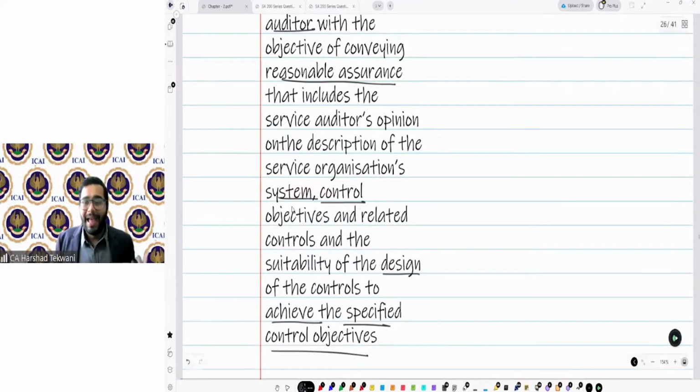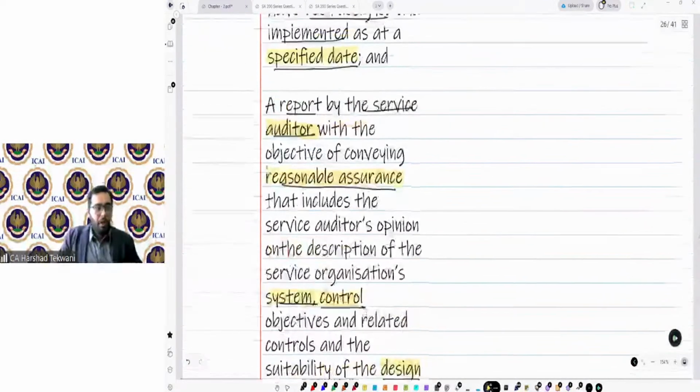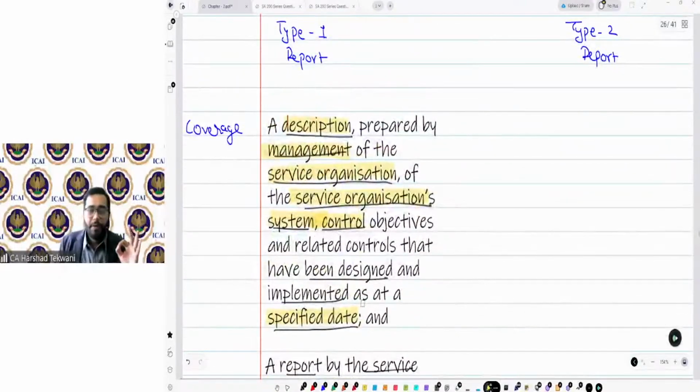Means they are designed appropriately. So that is the coverage of type 1 report.